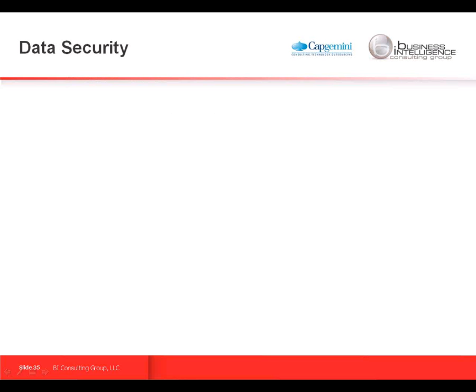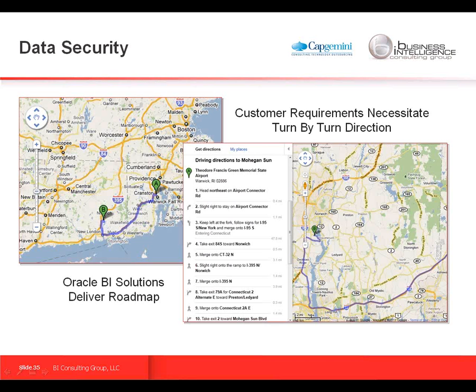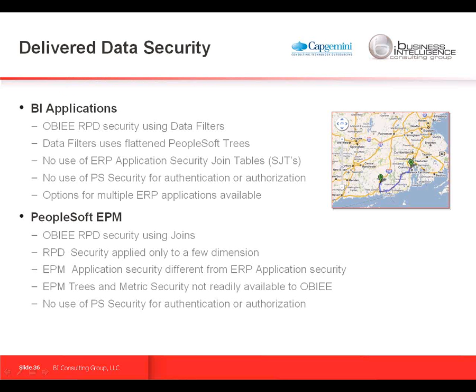So Oracle, and this is something that came from another consultant, delivers kind of a security roadmap, and you almost always find that customer requirements really necessitate that we have much more detailed control, or essentially turn directions. So what does come delivered?